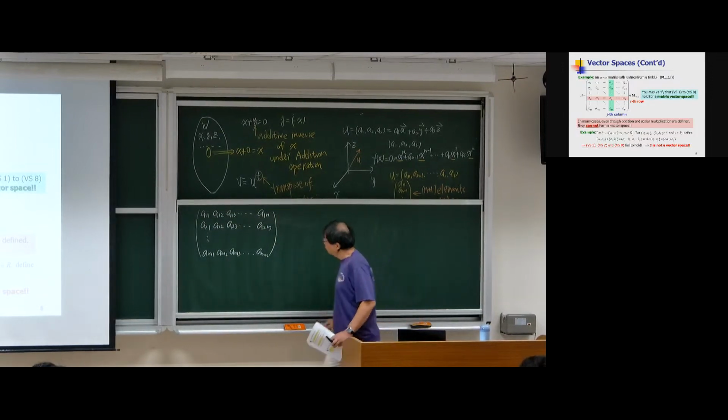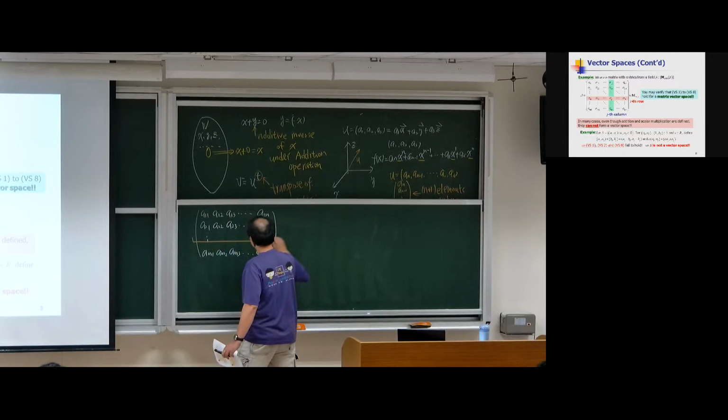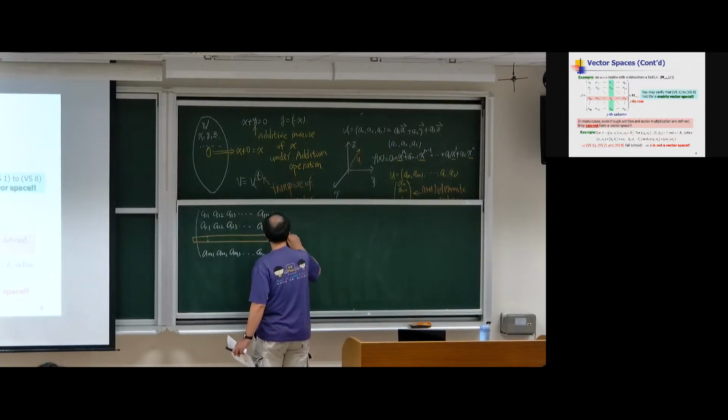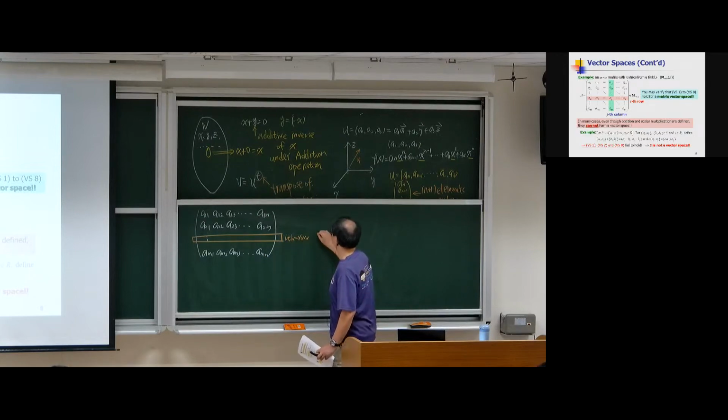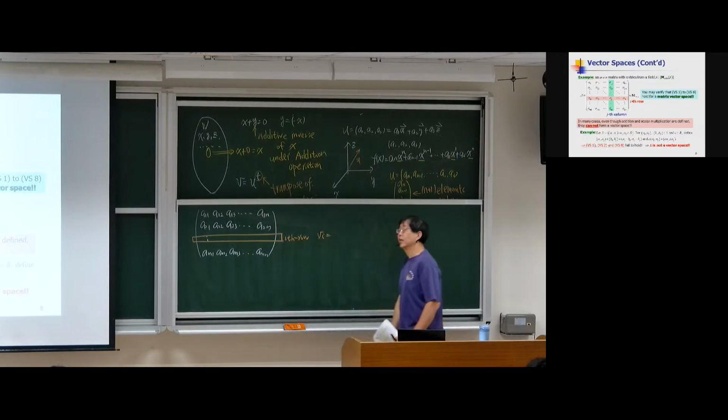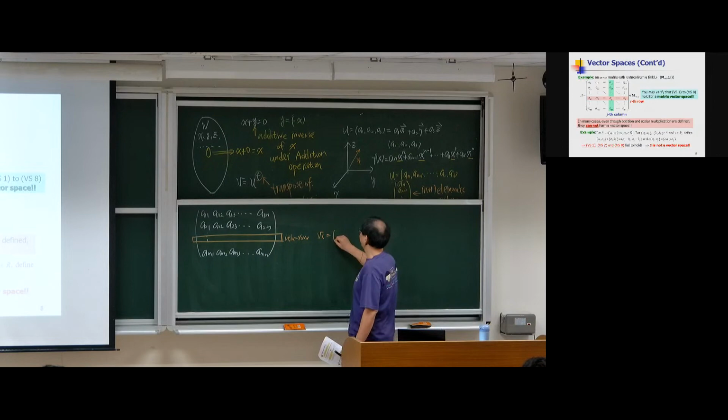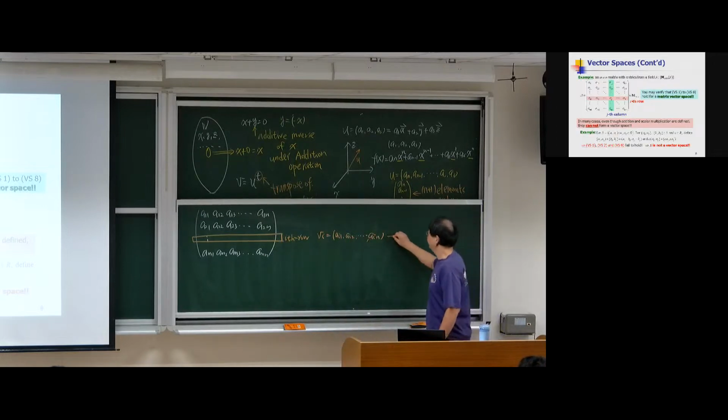And then for the ith row, we can have the vi, which is a row vector. I can have ai1, ai2 to ain. So it's an n-tuple row vector.